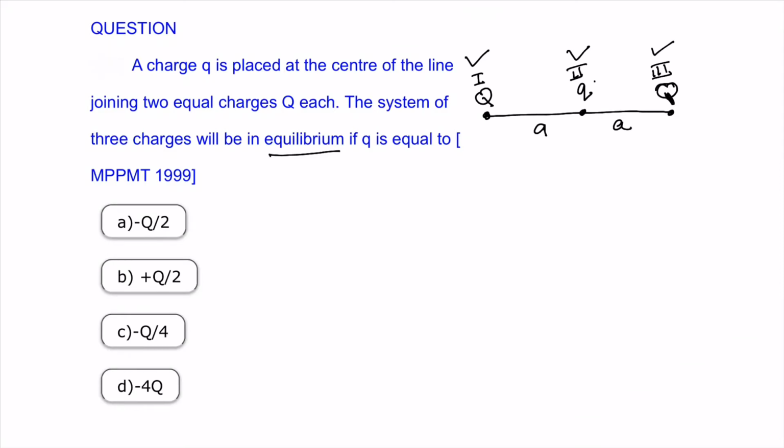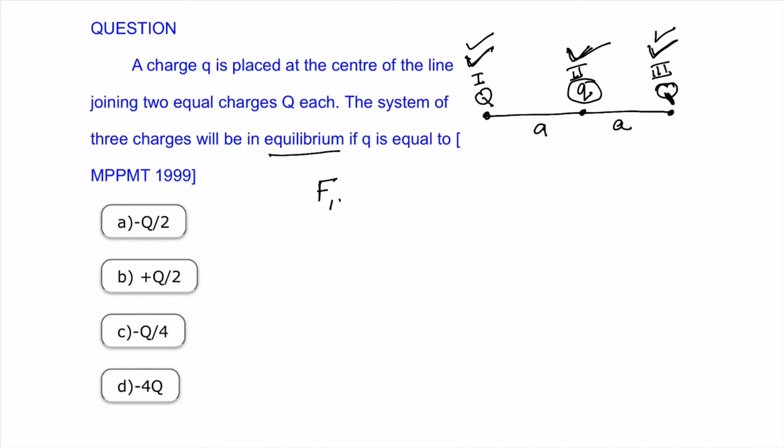Now from the figure it is clear that the total force acting on the second charge is 0, because the force given by the first charge on the second is equal and opposite to the force given by the third charge on the second charge. Right. Now to understand the equilibrium condition, you can consider either the third charge or the first charge. For convenience, I am considering the third charge.